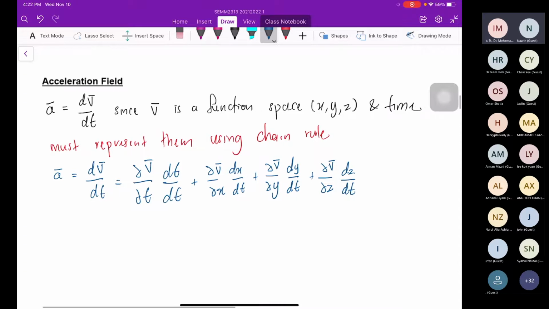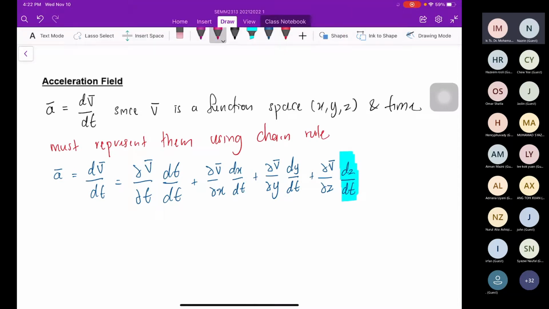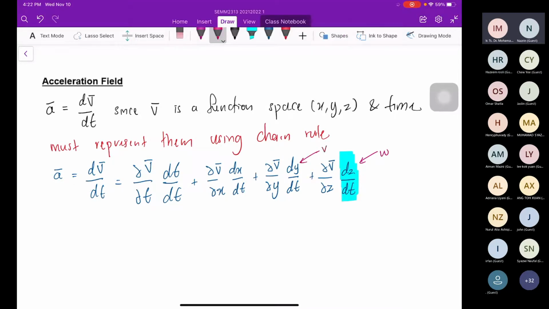So we know that this term refers to W, this term refers to V, and this term refers to small u. So I need to replace this term to simplify the equation.